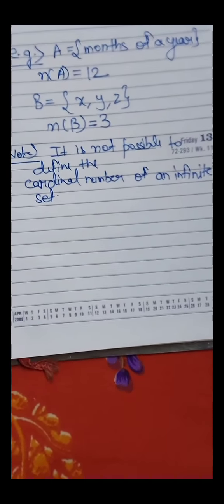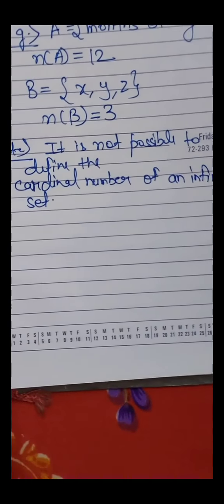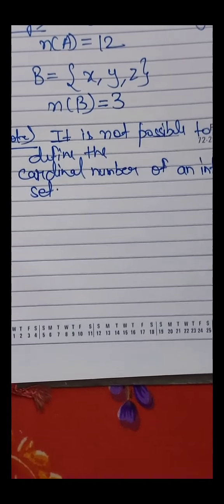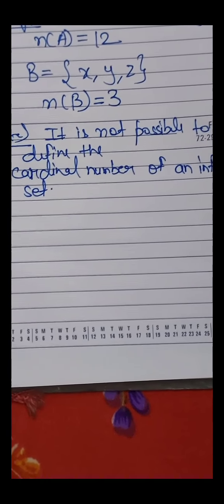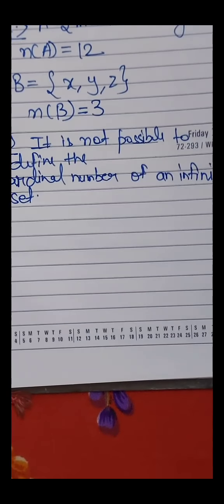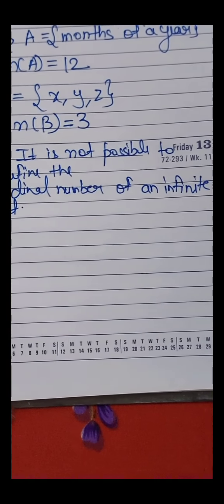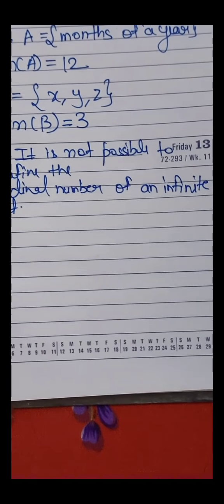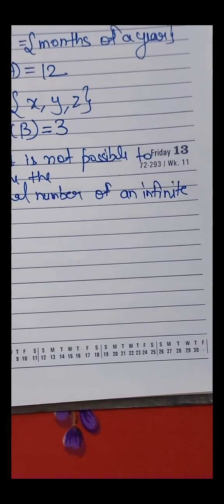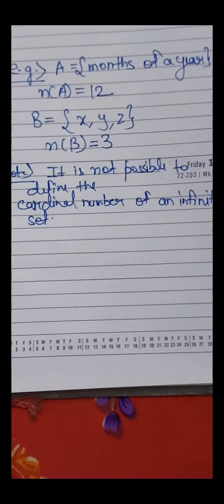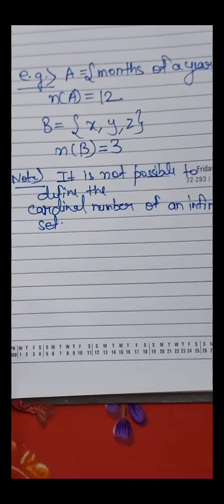So the cardinal number for this set is undefined. As discussed earlier, the cardinal number of the empty set is 0 because it has no elements. Similarly, the cardinal number of a singleton set, which contains only one element, is 1.